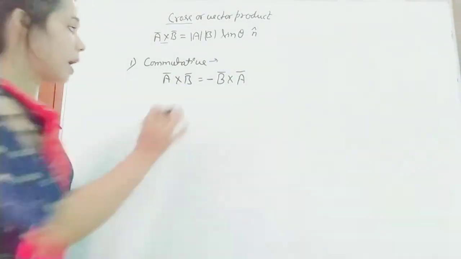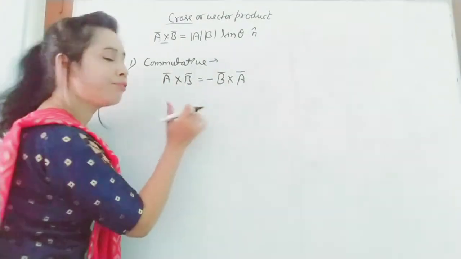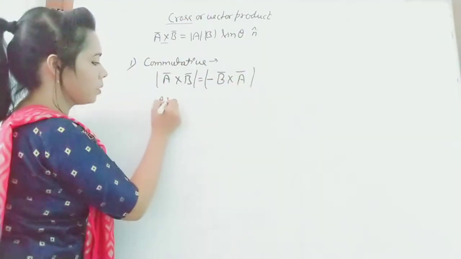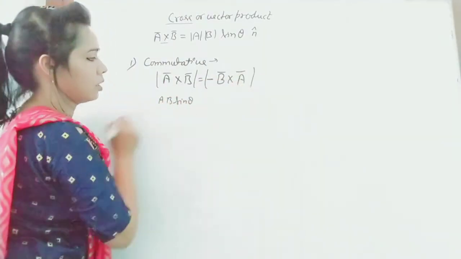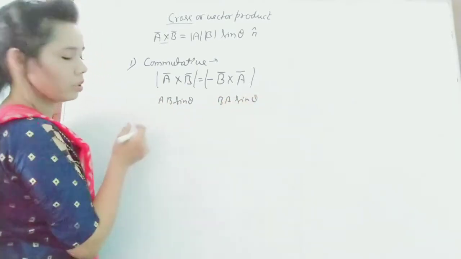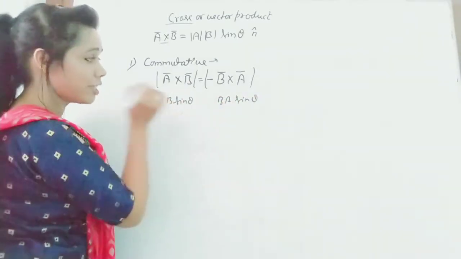See, the magnitude is the same. If you find the magnitude, it will be AB sine theta. Same magnitude, but the direction is different.